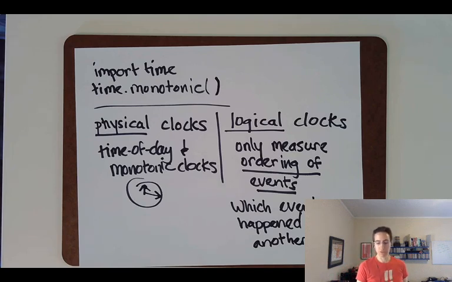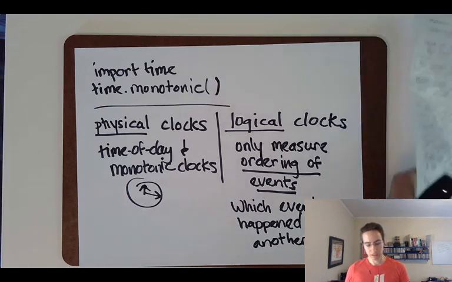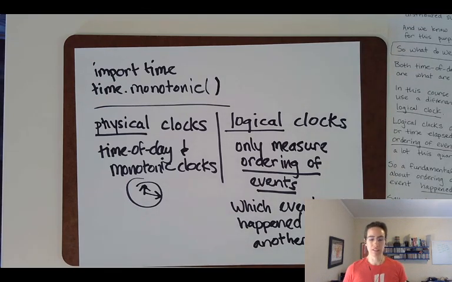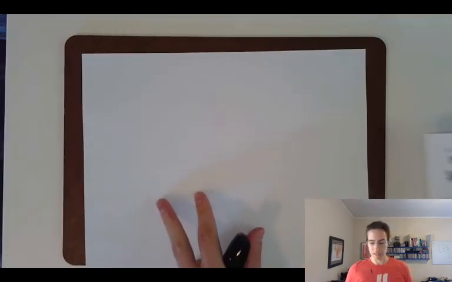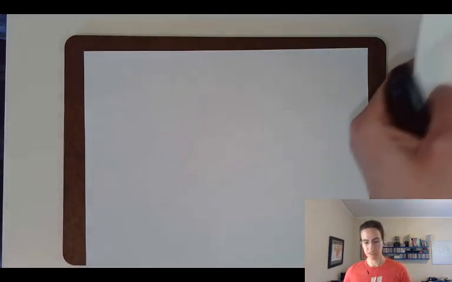Let's say that you have two events, say A and B. They could be anything at all. We could say they're like database writes, but they could be anything.